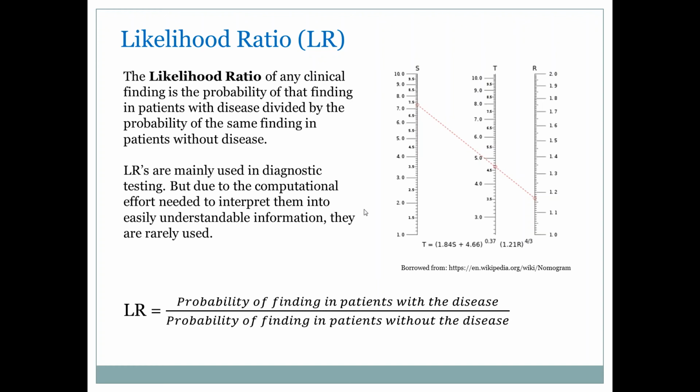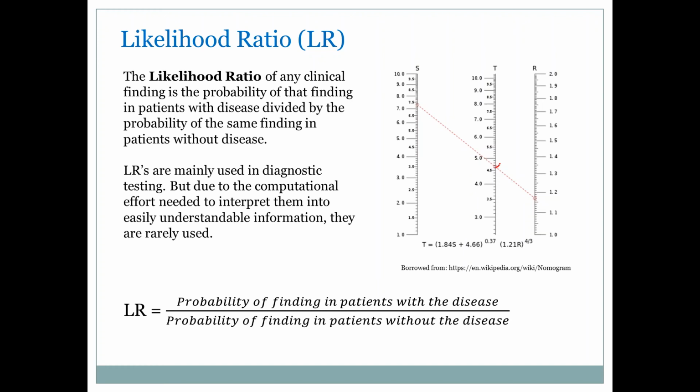So this picture here calculates a value of t. We have s at 7.3, so here's our s scale. We know s is 7.3, we know r is 1.7, so we'll take our straight edge or ruler and put it on the 7.3 here, and on the 1.7 here, and then we can look here and say, okay, my t is just under about 4.65.